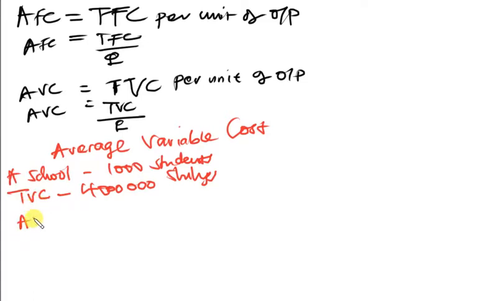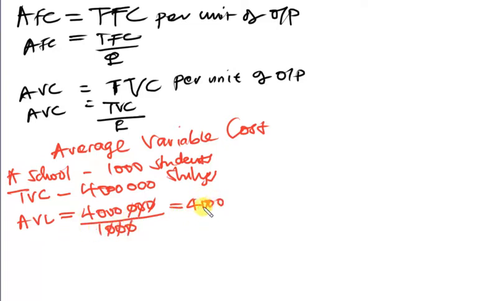So the average variable costs in this circumstance will be given by, we shall get the total variable costs, of course, and divide by the number of students. So we shall get the total variable costs, which are 4 million, and divide that by the number of students in that school, which is 1,000. So when you cancel this with this, you will end up with 4,000 for one student.